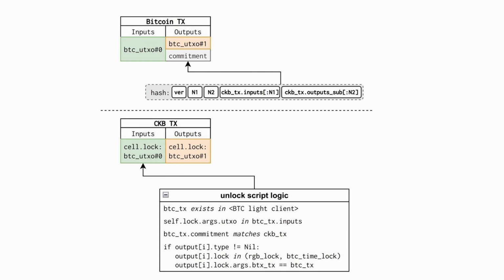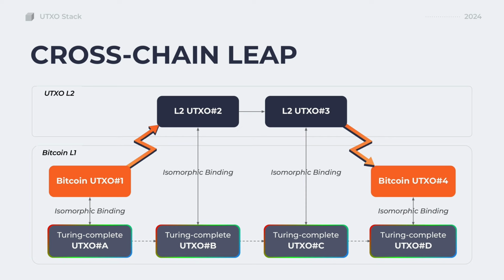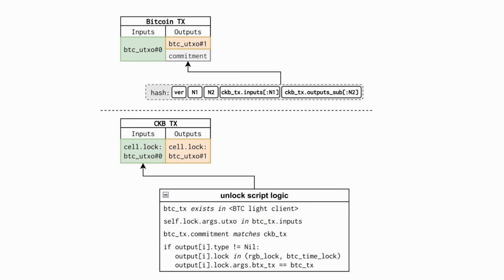With this basic knowledge of the RGB++ protocol, we can introduce the cross-chain leap action. You may see that in the Bitcoin transaction, the Bitcoin UTXO only stands for the ownership of your assets and your smart contract.